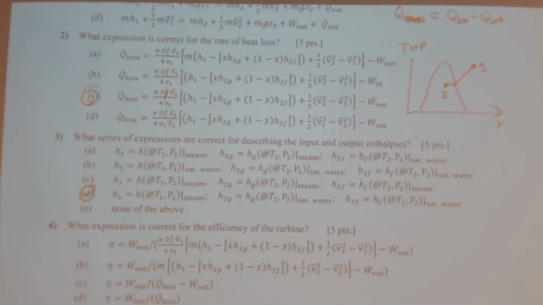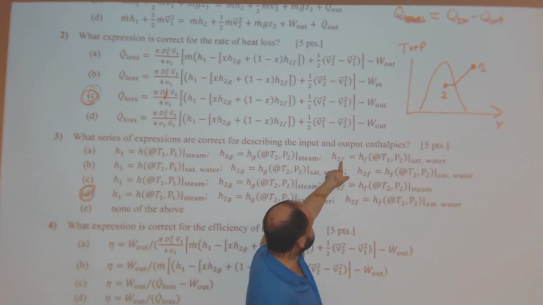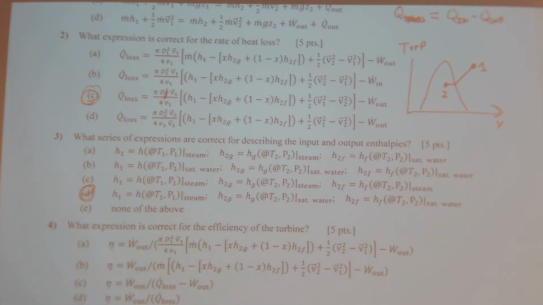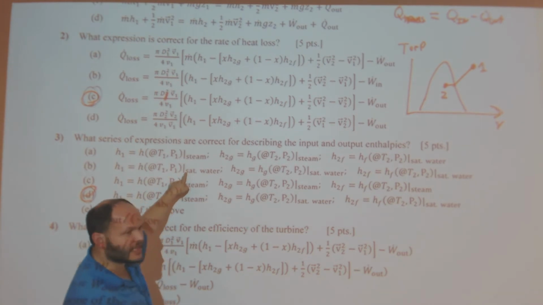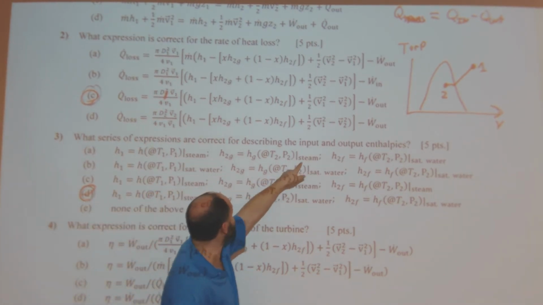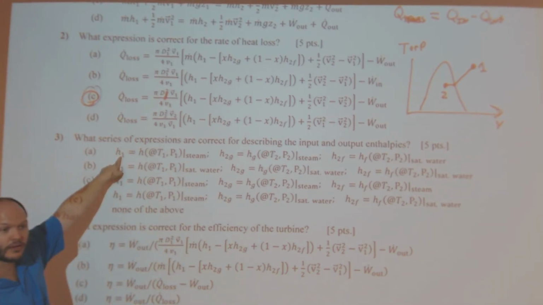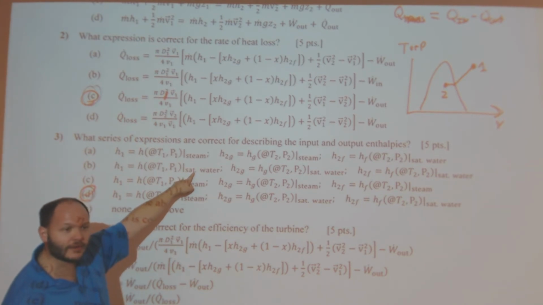Back to these. Fluid, okay, and then here, saturated water. Well, it's not saturated water, it's steam. That's why you have to pay attention to steam versus saturated water, because this is in a table.